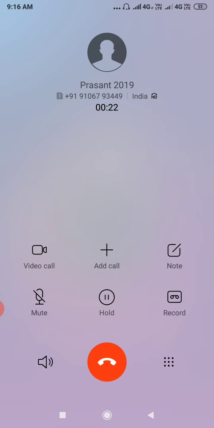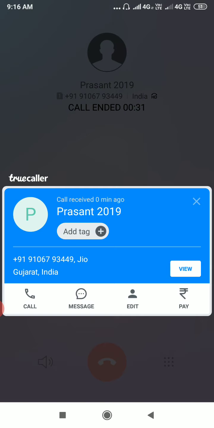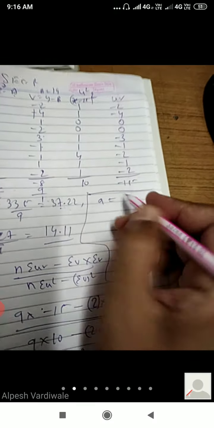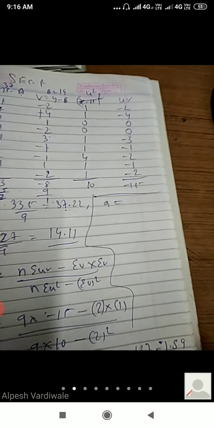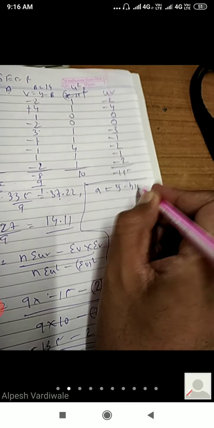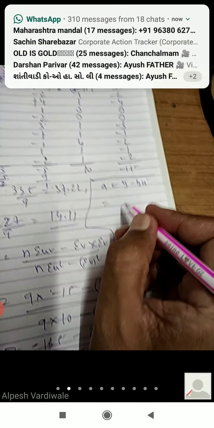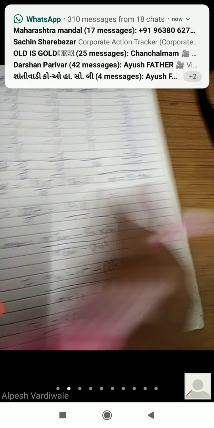Okay. So here a is equal to y bar minus b x bar. Okay. The value of y bar here is 14.11. The value of b is minus 1.59, and the value of x bar, we will find here, that is 37.22.